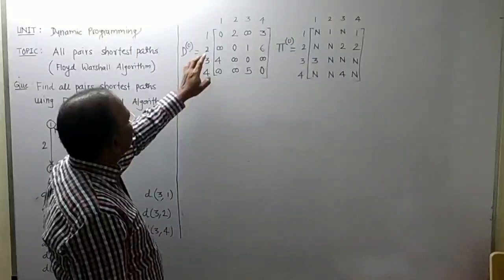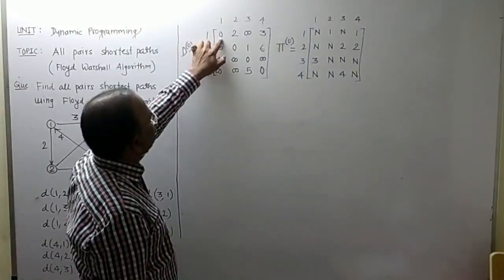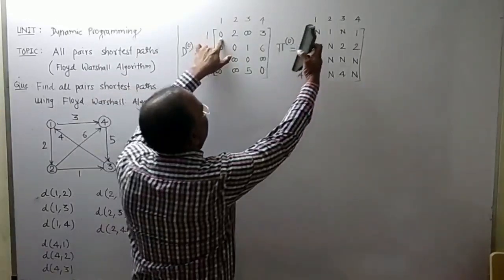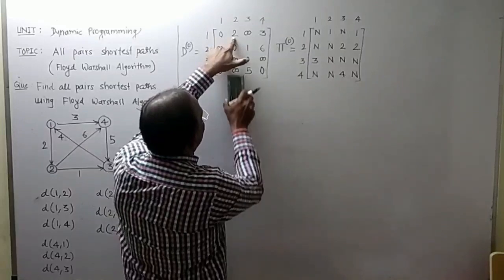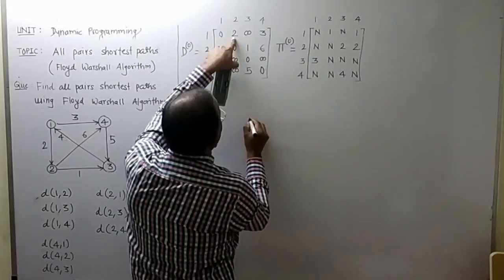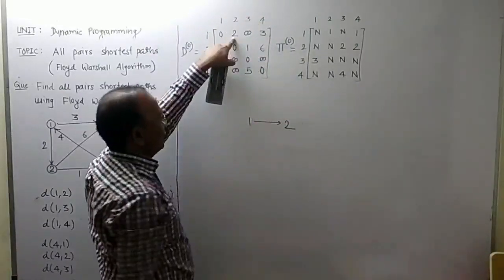Now let us see the first row. Here is 0, this is the diagonal element, that's why n is written. Now this is the 2, let us see about this. This is 1 to 2, distance is 2.